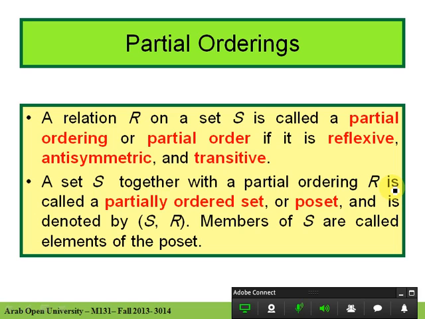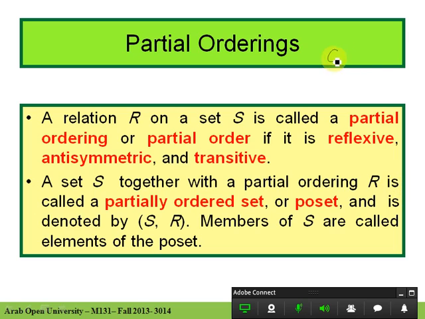That relation is called a partial order relation. What we did for equivalence relation, we checked 3 things, right? What are those 3 things? Reflexive, symmetric, and transitive. Now here for a partial ordering we have to check reflexive, antisymmetric, and transitive.